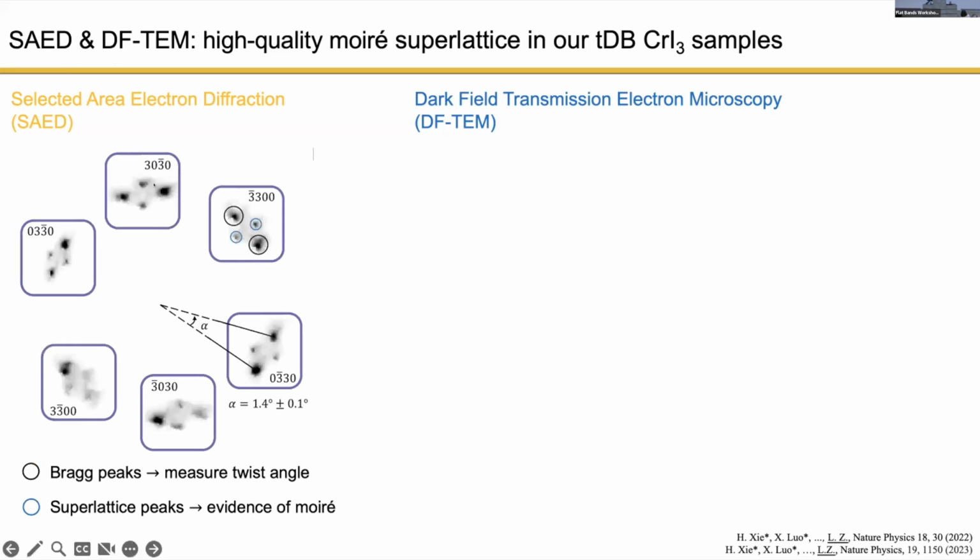Here we are showing the scattering peaks in the 3-3-0-0 order. You can see there are two darker peaks in the plot. The two darker peaks on the outside are the nuclear peaks from the individual bilayers. But in addition to that, you can also see two peaks sitting in the middle of the nuclear peaks. These two peaks are the Moiré superlattice peaks.